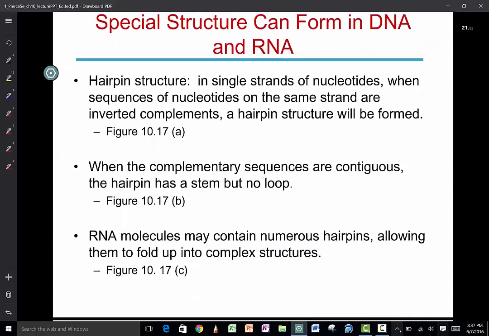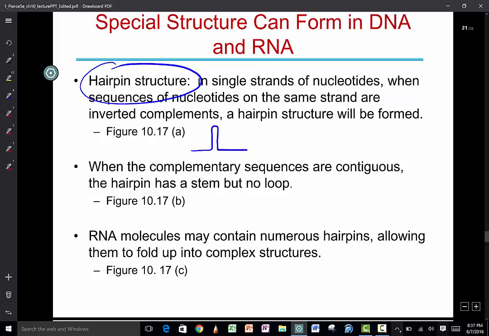And we can also see base pairing in between a single strand of nucleotides, and that's called a hairpin structure. It's much more common in RNA. That's where you've got maybe A's and U's, and we can throw a G in there for good measure, and then there might be C, A, U here.